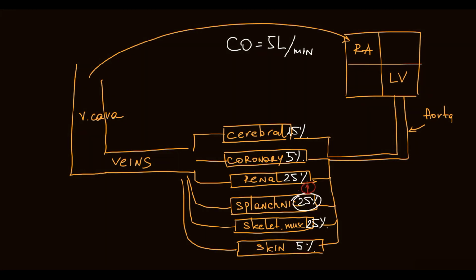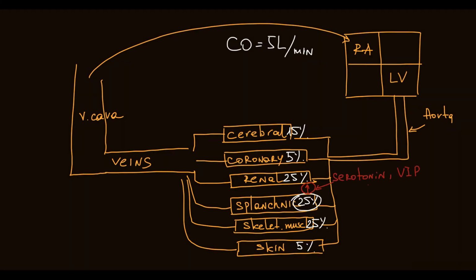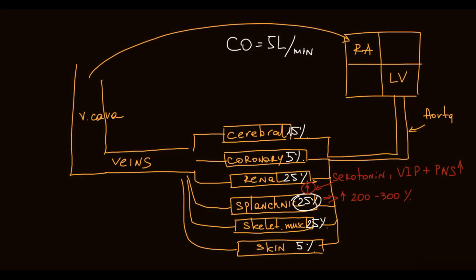Recall that increase in blood delivery is mediated by two hormones, vasoactive intestinal peptide and serotonin, and also by parasympathetic nervous system activation. And this results in 200 to 300% increase in blood volume in splanchnic circulation. In case of voluminous hyperosmolar chyme in dumping syndrome, this increase in blood volume in splanchnic circulation can be so significant that it creates a hypovolemic state in general circulation.